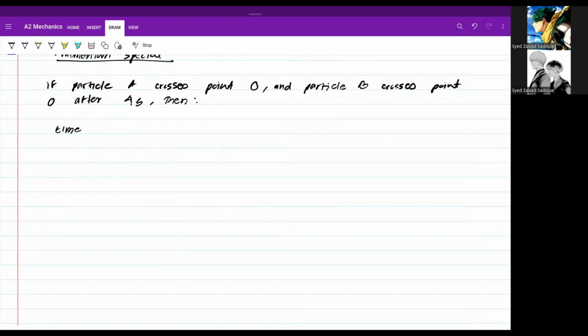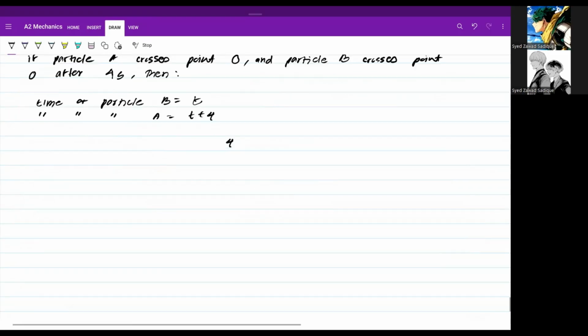Time of particle B is equal to T. Time of particle A is equal to T plus 4.